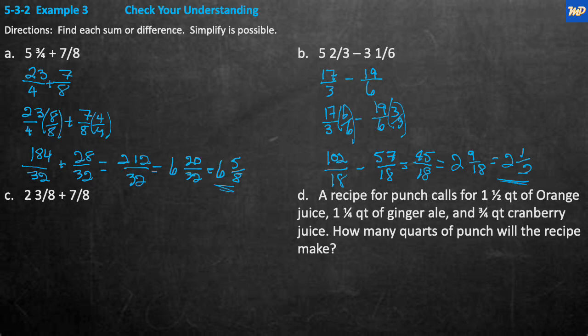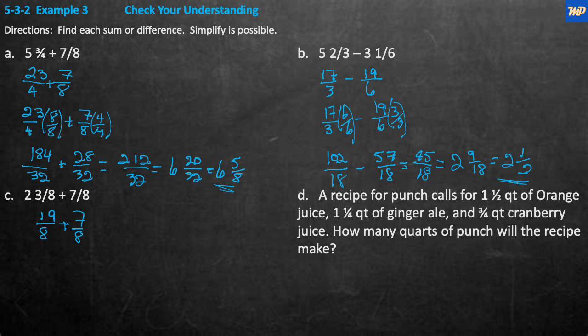Let's try C. So we're starting off here. 2 times 8 is 16 plus 3 is 19 over 8, plus 7/8. And now we're going to multiply. Oh, they're both 8s already. So we can just add these directly. We don't have to go any further.